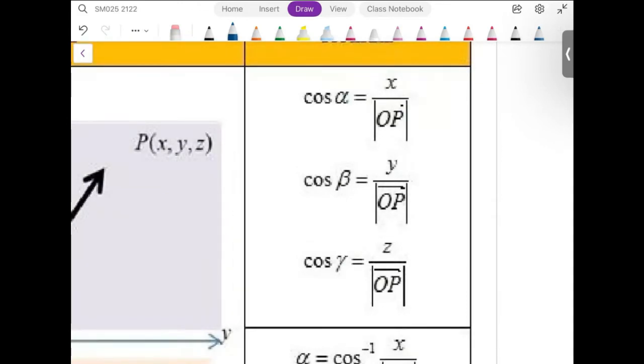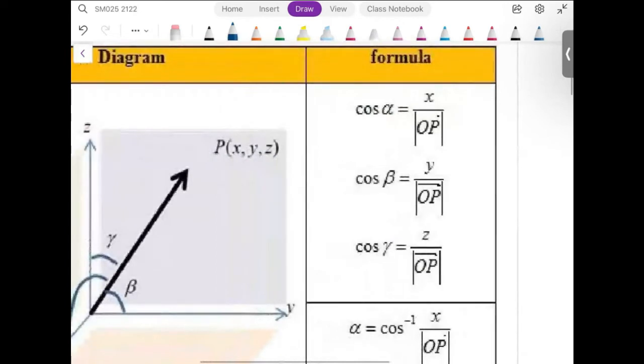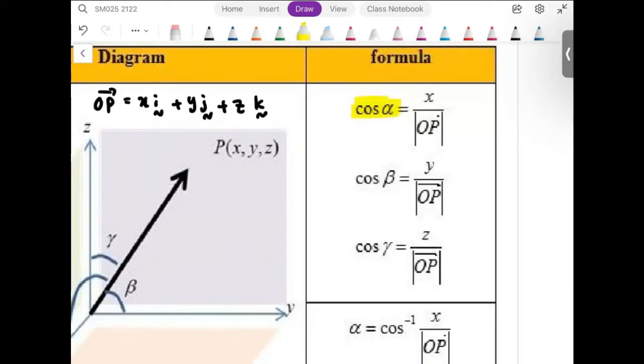Okay, so let's say, tak tulis kat sini, saya tambah lah. So let's say saya ada vector OP which is xi plus yj plus zk. Okay, so for cos alpha, kat situ dia tulis, we have x divided by OP, magnitude of OP.